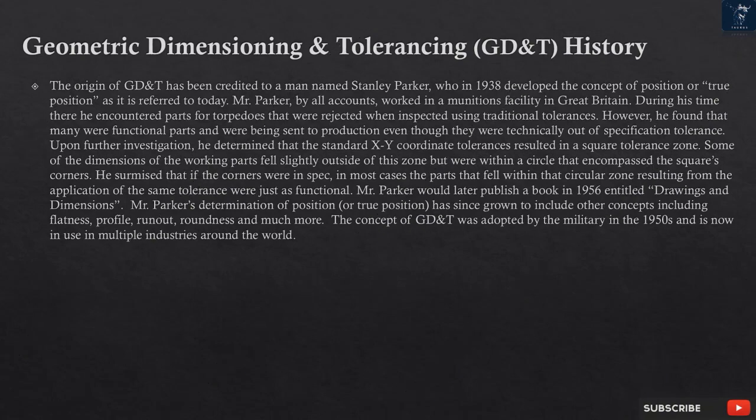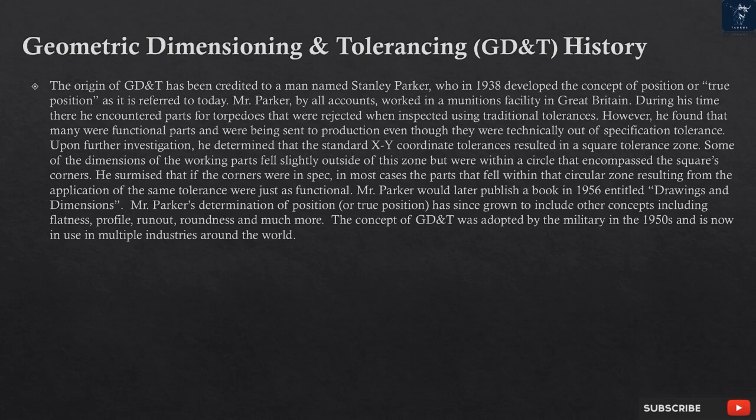Geometric Dimensioning and Tolerancing, GD&T, History. The origin of GD&T has been credited to a man named Stanley Parker, who in 1938 developed the concept of position or true position as it is referred to today. Mr. Parker, by all accounts, worked in a munitions facility in Great Britain.